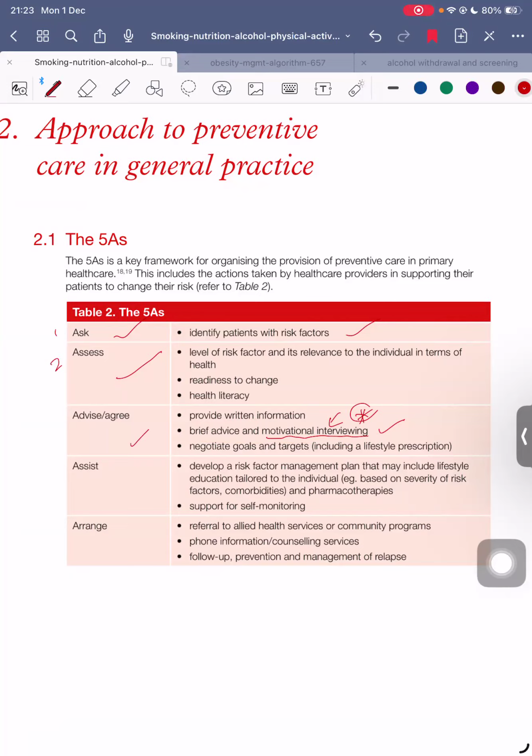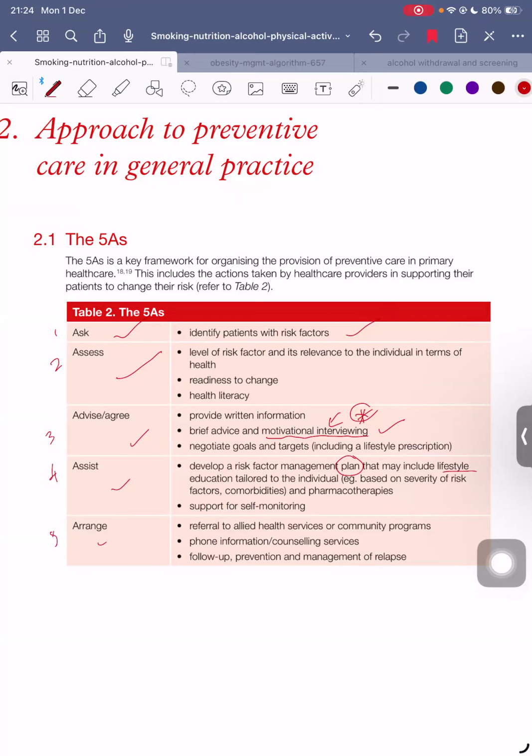Then in the advise or agree part, we negotiate goals and targets with the patient to reduce these risk factors. Then the fourth one is assist. How is the doctor assisting these patients? Develop a risk factor management plan, which may include lifestyle or educational measures based on the individual risk, and support for self monitoring.